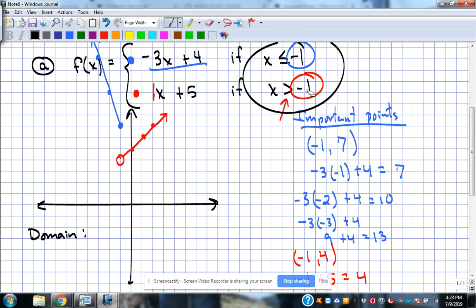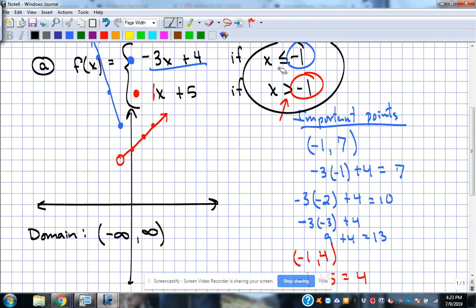So the domain for this one doesn't leave anything out because negative 1 was used in the top half. The second half left it out, but it was already used once. So once it's used, it's used, so you're not throwing it out. So the domain for this one is from negative infinity to positive infinity because all the numbers are accounted for.